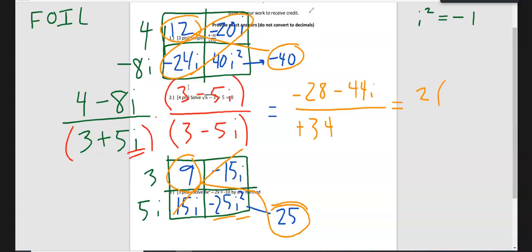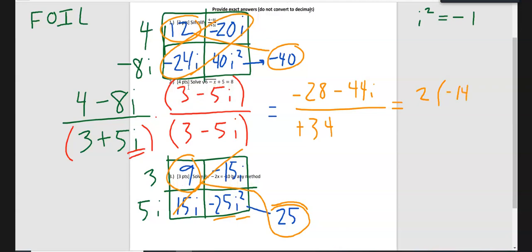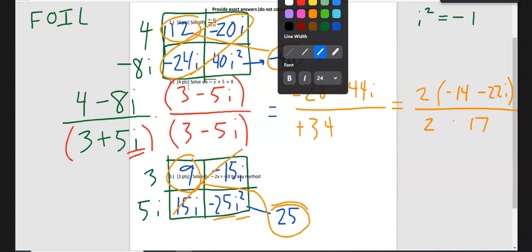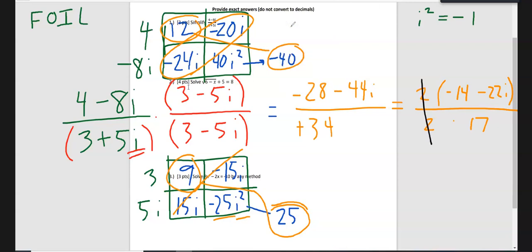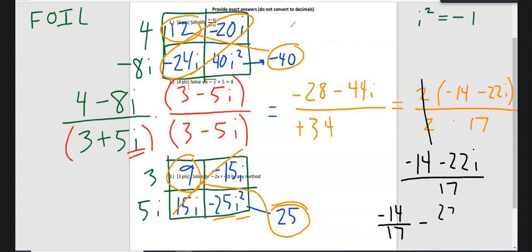basically we could take a 2 out and we could get negative 14 minus 22i. And if I take a 2 out of the bottom, I have 2 times 17. And these two things cancel out. So now some teachers say you can leave your answer like this. And some teachers want you to separate it into something that looks like this.